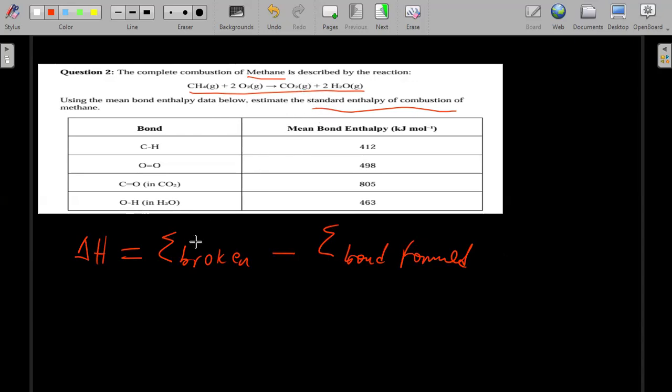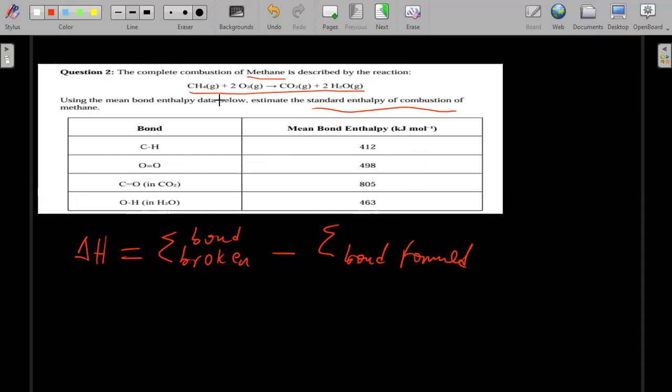The summation of the bonds broken minus the summation of the bonds formed gives us the standard enthalpy of combustion. We are going to use the mean bond enthalpy given in the table here.